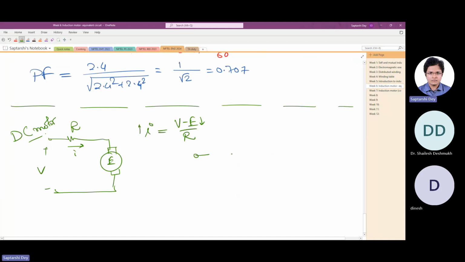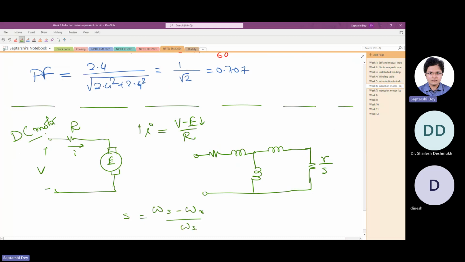The same thing is for the induction machine also. The back EMF here is generated in this fashion. Or let me draw one resistance only, R by S. Now, S is omega S minus omega R by omega S. So when you load the machine, speed reduces, omega R reduces, means S increases.